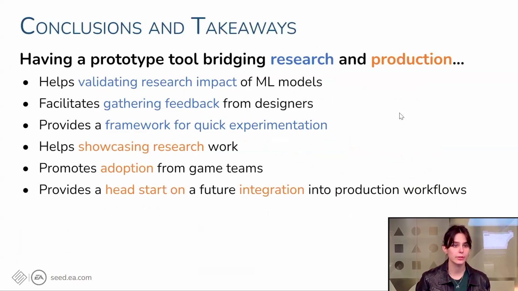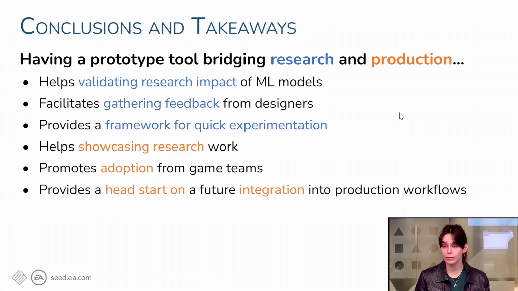As we mentioned before, there are multiple benefits about having a tool that sits in between research and production. From the research point of view, it helps validating research that has been done in isolation. It facilitates gathering feedback from your target users, and it provides a framework for quick iteration, experimentation, and improvements.